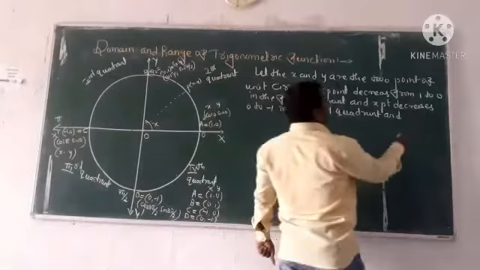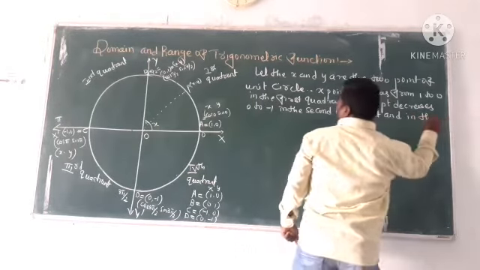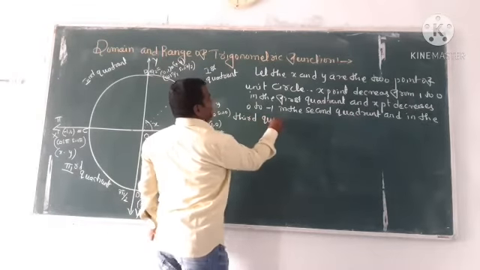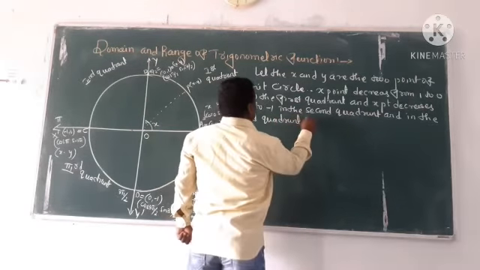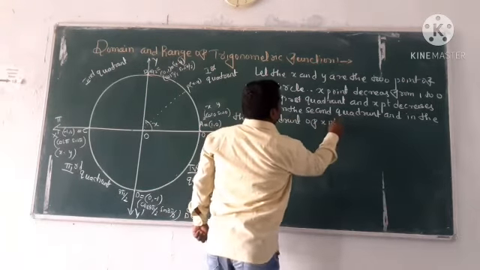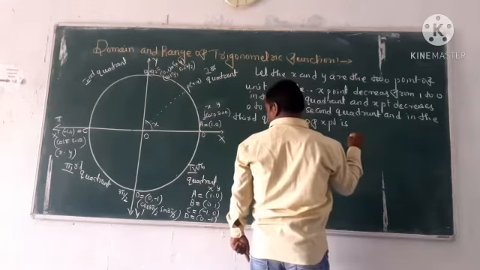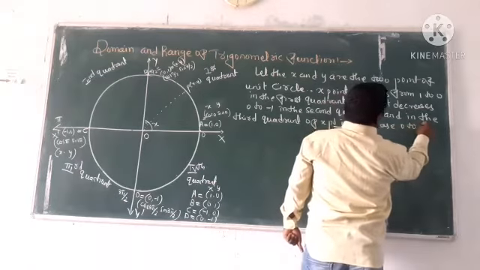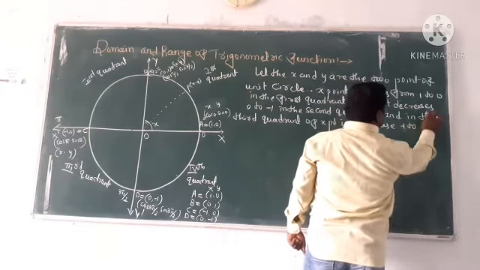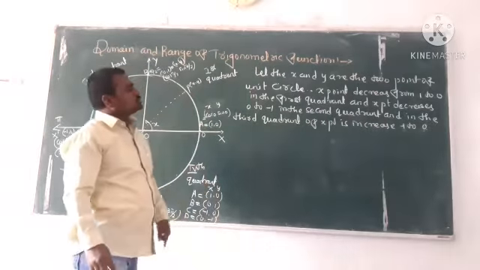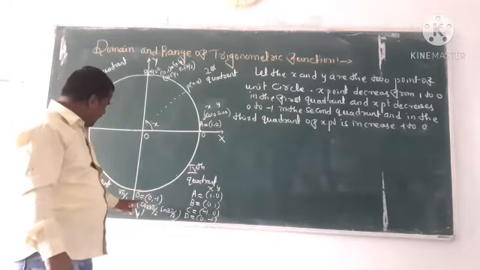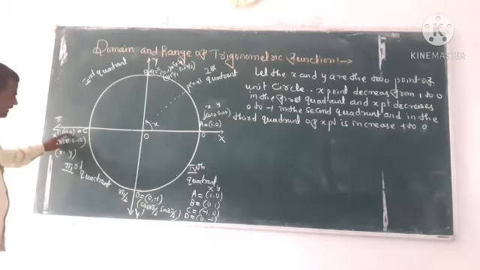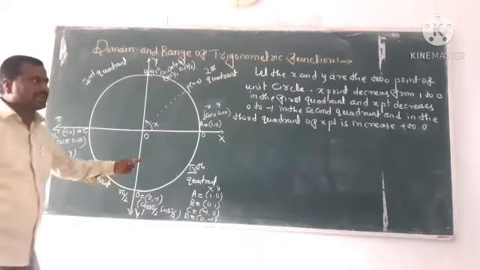In the third quadrant, the x point increases from minus 1 to 0, like on a number line.